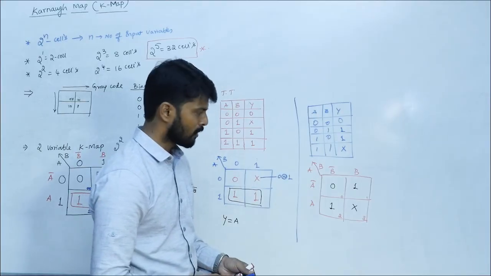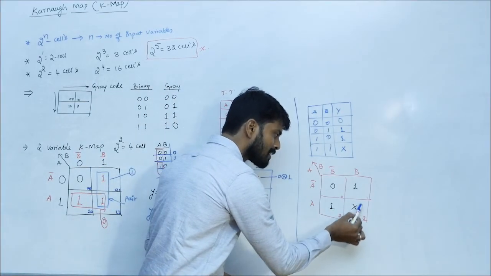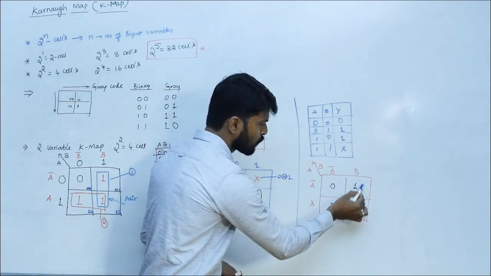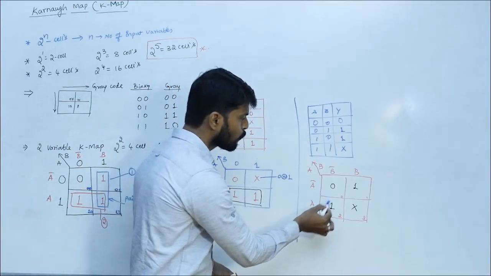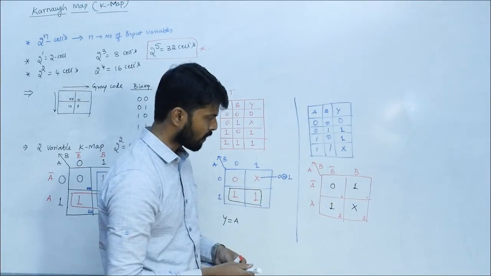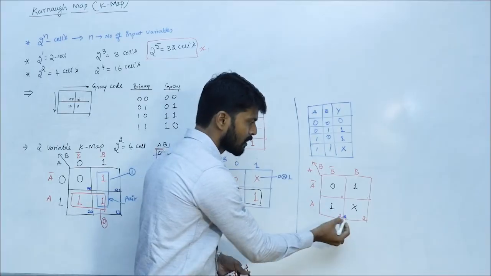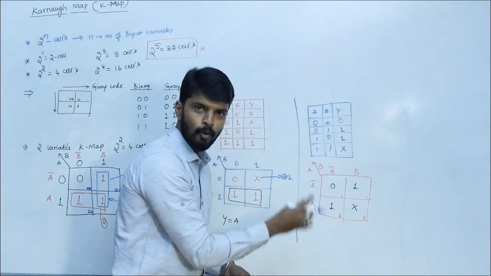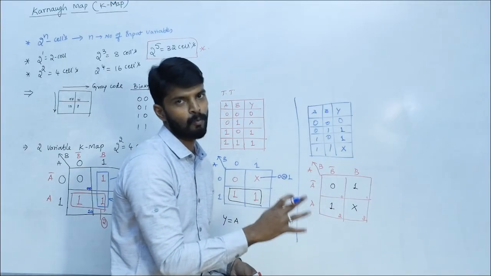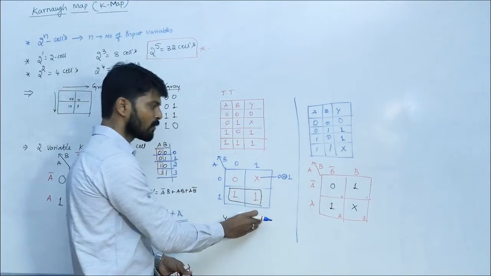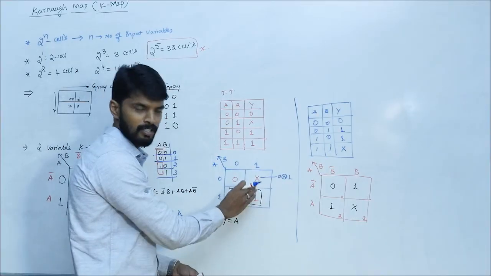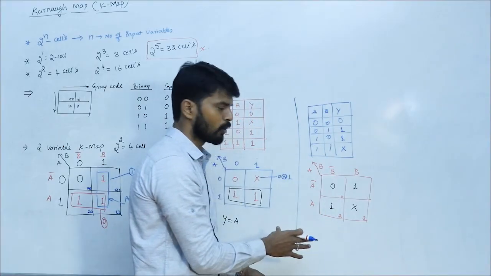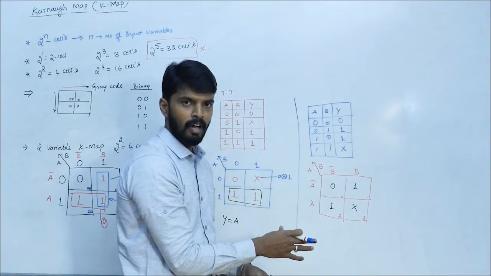If I do not consider this don't care, and group this one and this one individually, I will get two-variable terms. So instead of that, for this situation I can consider this as 1 instead of 0. That is why I am saying we can consider don't care as either 0 or 1 according to the situation. In the previous situation I considered this don't care as 0, but for this condition I am considering this don't care as 1.